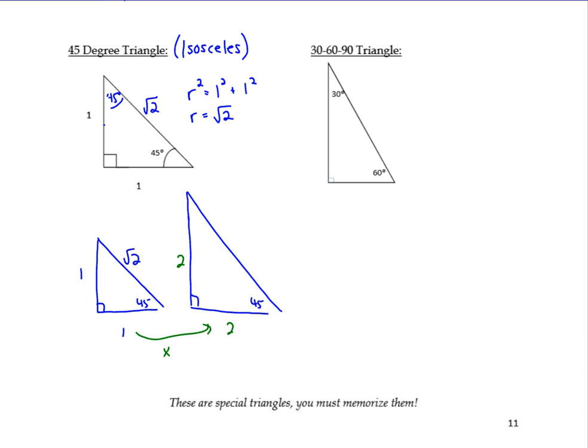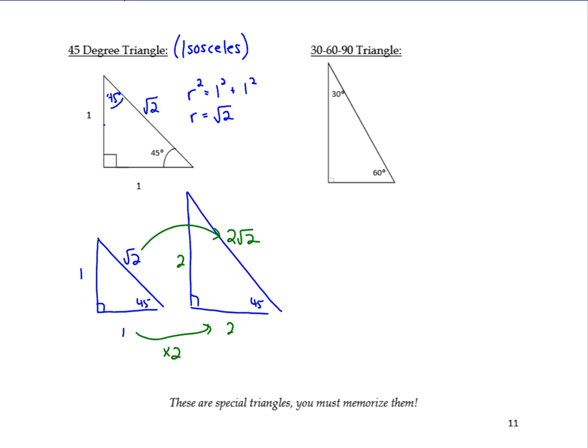Multiplying it by 2. So what would be our new hypotenuse? Multiply it by 2. So it'd be 2 root 2. Okay? So when you have similar triangles, the ratios of the sides will be the same. That's going to be really important for today's lesson.